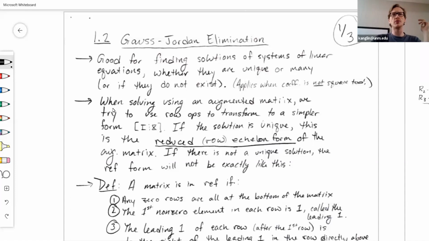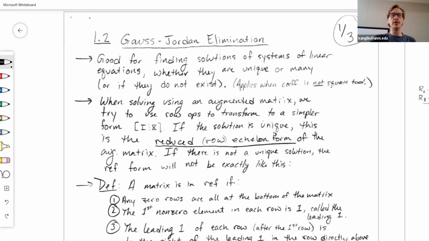So let's remember that when solving using an augmented matrix, we try to use row operations to transform our augmented matrix into a simpler form. Ideally, in the cases that we saw where there was a unique solution to our system, the form that we tried to achieve had the identity in the left square of this augmented matrix, and the right column that remains there is filled up with all the solution values.